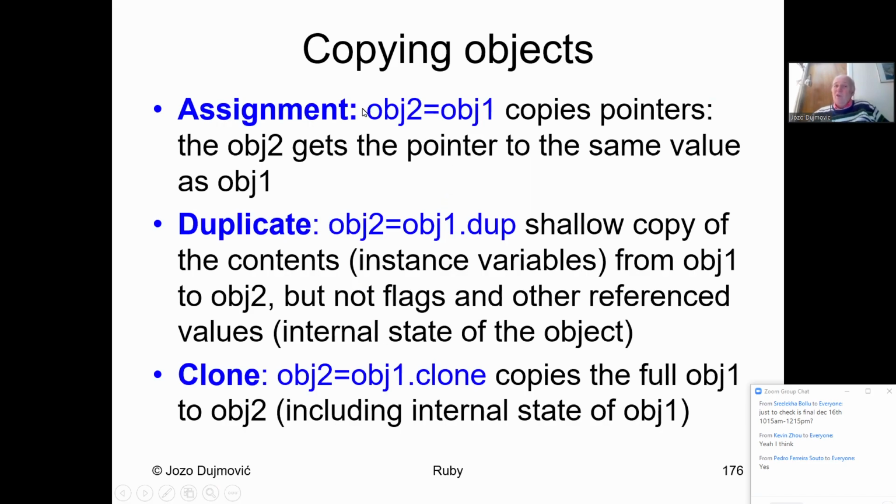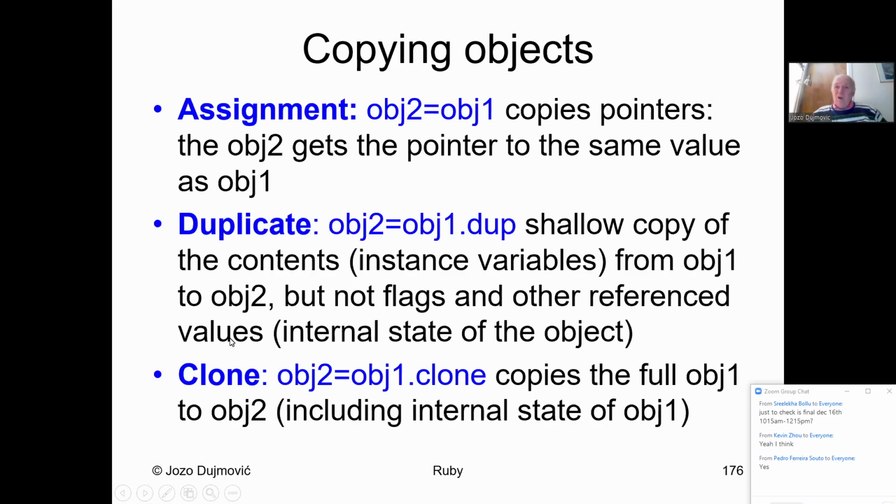So this is beautiful that you have three completely different ways: copying pointers, duplicating instance variables, and cloning everything. Assignment, duplicate, and clone are three ways. And this should be looked for in each and every object-oriented language, because these are three ways to deal with objects. And this is very explicitly visible in Ruby.